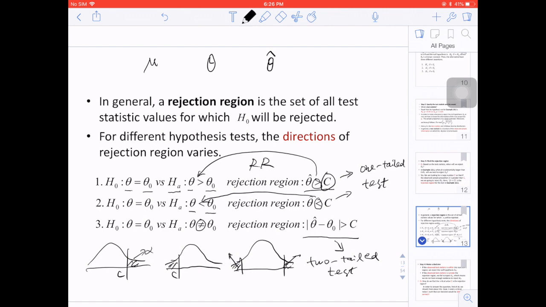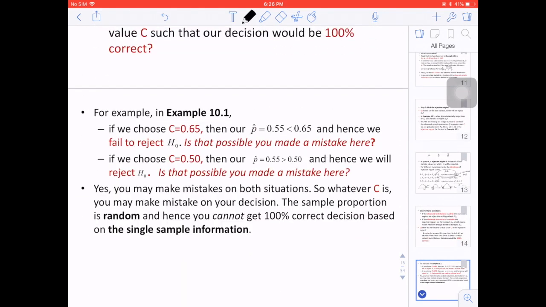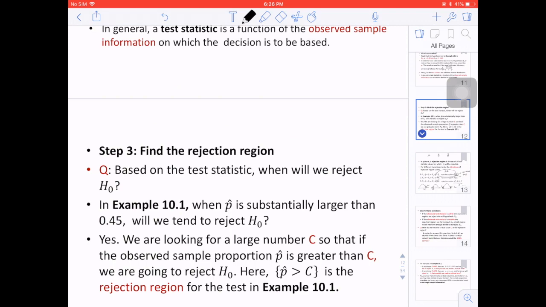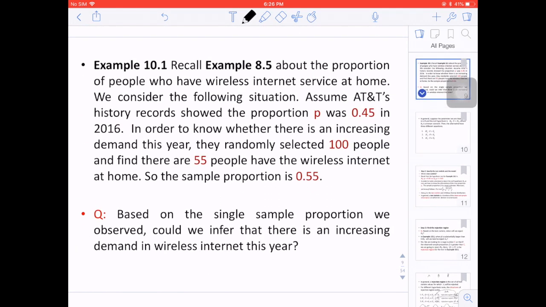All right. So let's have a very specific example. Example 10.1. Recall example 8.5. If you do not have the corresponding slides, I will upload the slide on Canvas so that you could double check. This example is about the proportion of people who have the Wi-Fi service at home.